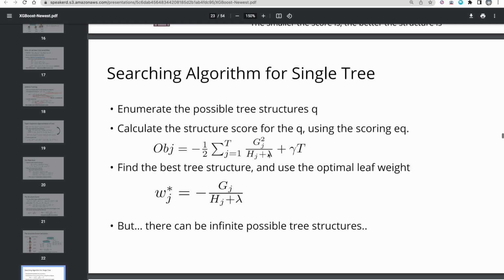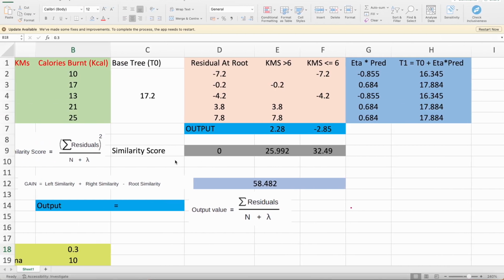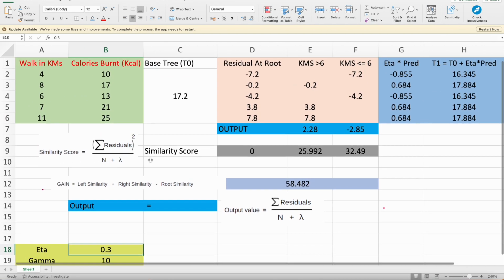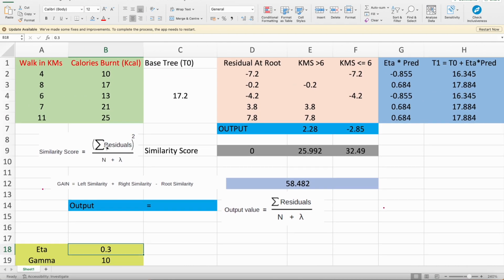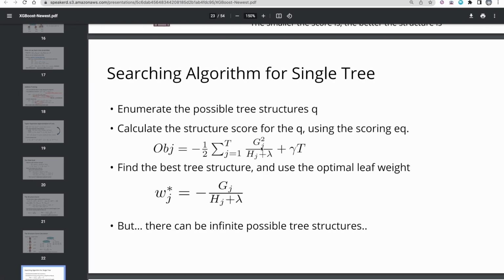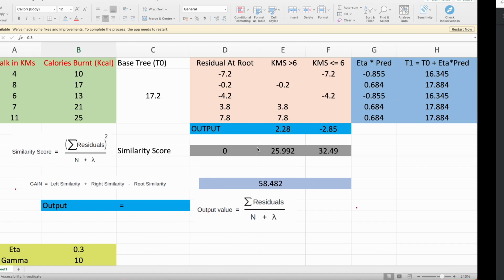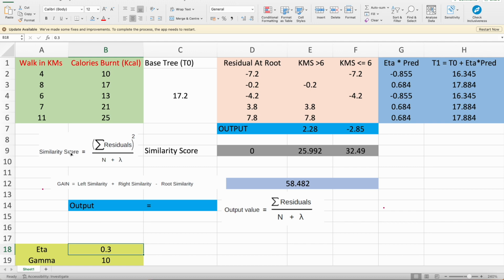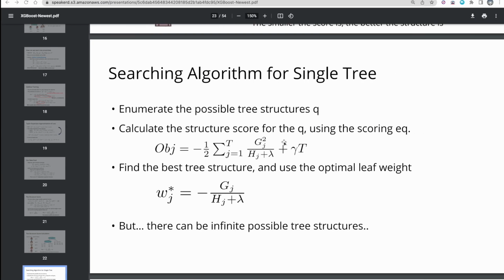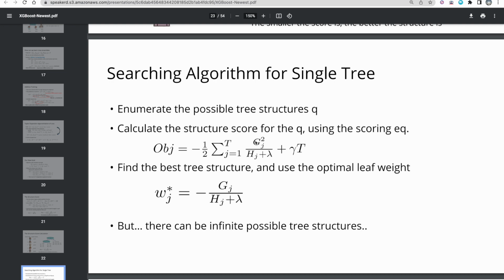Now, if you notice the objective functions which we were dealing with over here, this thing, right? Where is it? Yeah. My sum of residual is nothing but my gradient. My sum of residual is nothing but my gradient, right?